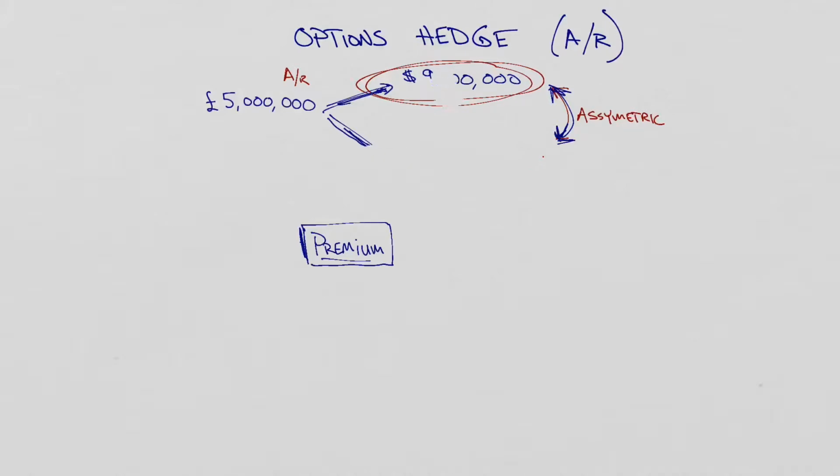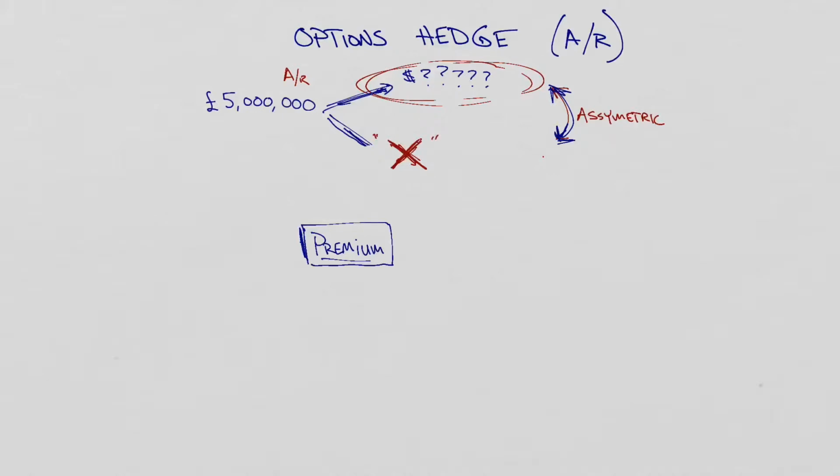But if the pound really strengthens and that ends up translating into a lot of USD, how much that translates into, we just don't know until the end of 90 days. All we really know is that we've capped our downside risk.